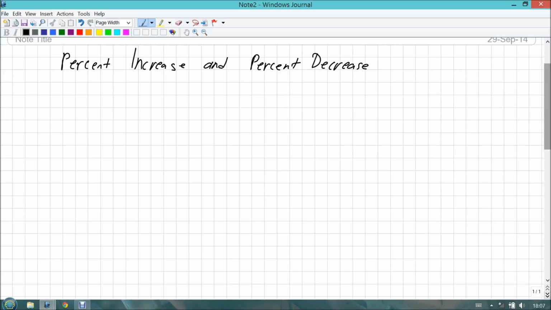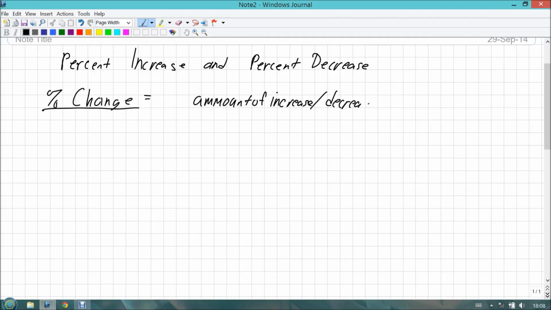All right. So the first one is percent change. Now, percent change can be calculated through a simple formula. The percent change is equal to the amount of increase or decrease divided by the original amount.